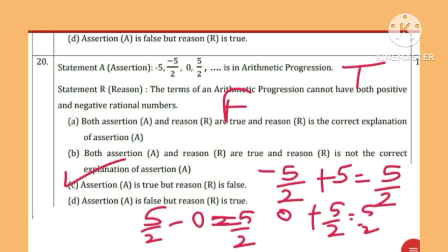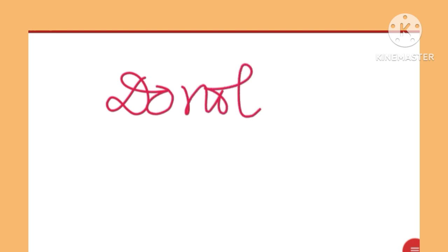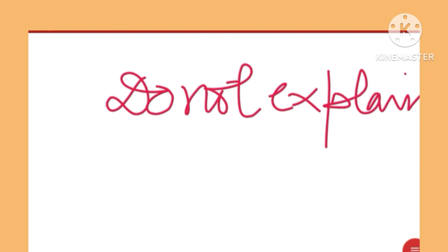So with this we come to an end of the MCQ section. I will be coming up with the remaining sections also. Stay tuned. I hope you understood all the concepts. Once again I will repeat that do not explain in MCQs. No explanation is required. आपको जितना verbally अगर आप कर सकते हो तो उसे लिखने की ज़रूरत नहीं है.